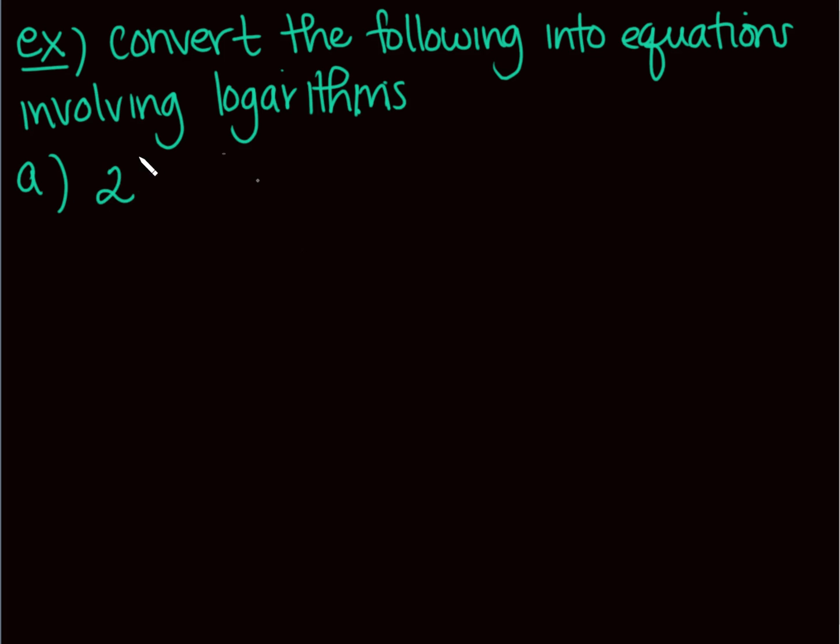So let's say I have 2 cubed equals 8. That is a true statement. Not much you can argue with that. And what I want to do is convert this using logarithms. So again, what do I know? I know that log base a of x equals y is exactly the same as x equals a to the y.